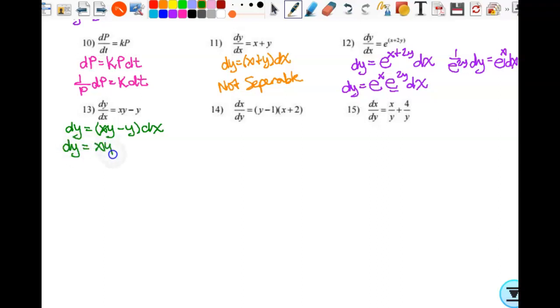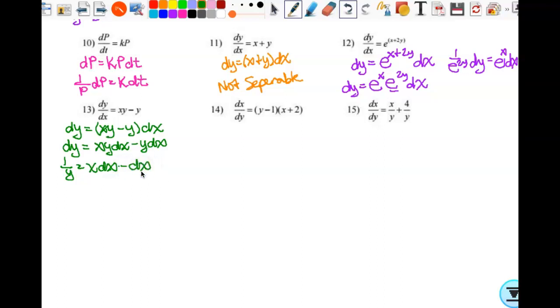So I have x times y times dx minus y times dx. Okay. Then you divided everything by y, so we ended up with 1 over y equals x dx minus dx.